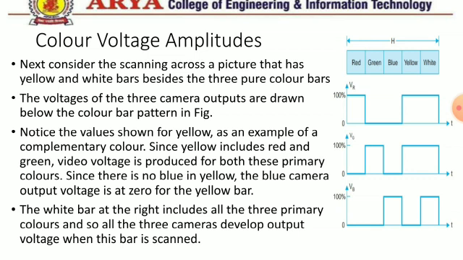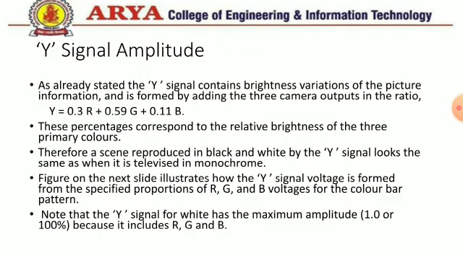Since yellow includes red and green, video voltage is produced for both these primary colors. Since there is no blue in yellow, the blue camera output voltage is at 0 for the yellow bar. The white bar at the right includes all three primary colors, and so all three cameras develop output voltage when the bar is scanned.